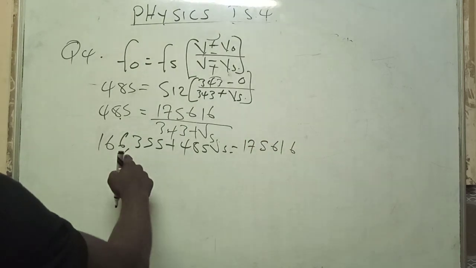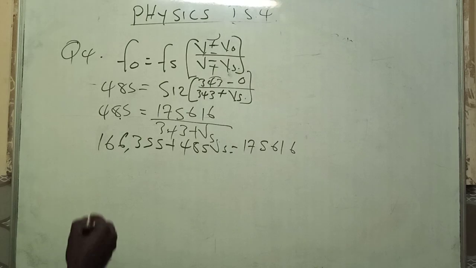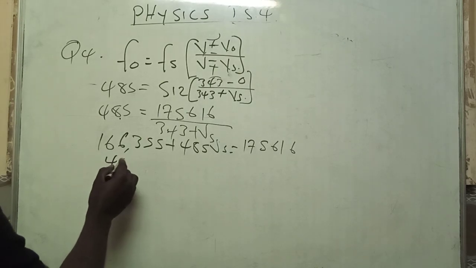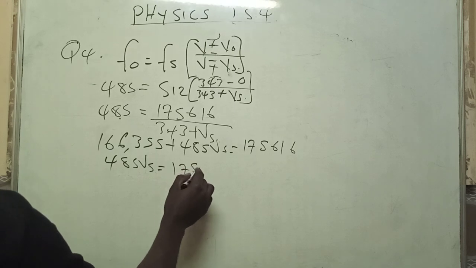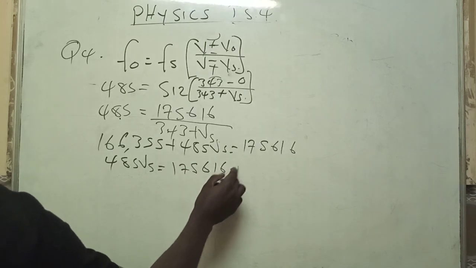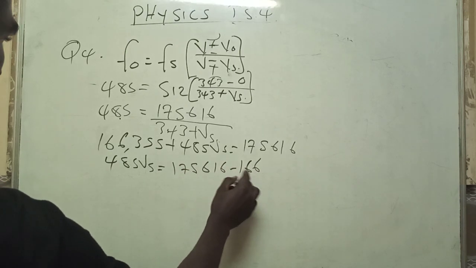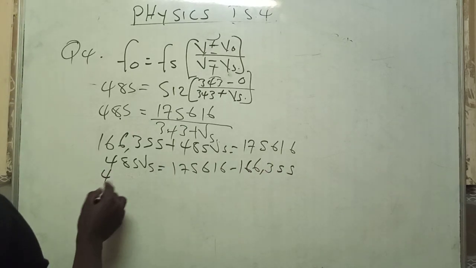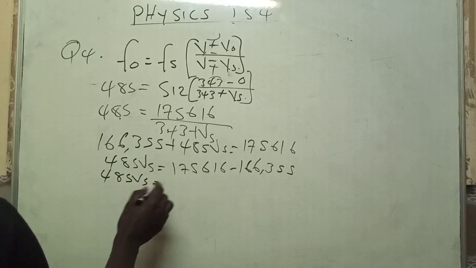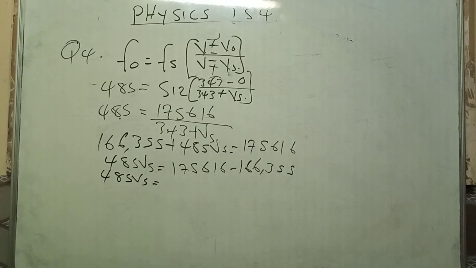So I can shift this guy to the other side. I'm going to have 485 Vs is equal to 175,616 minus 166,355. If I do the math there, I should be able to get 9261.